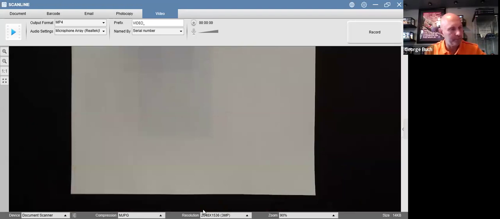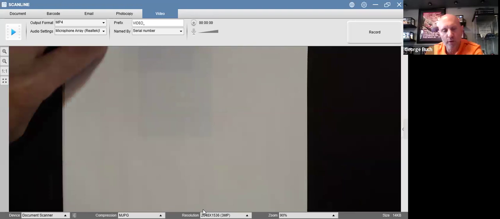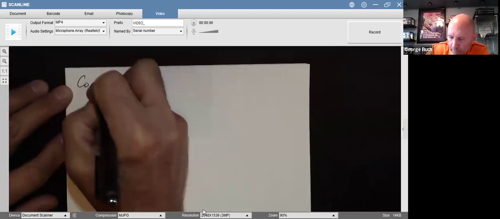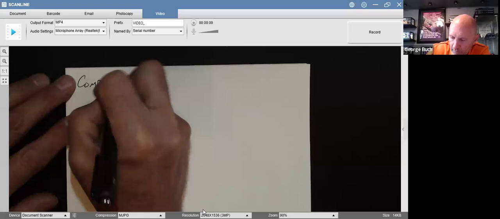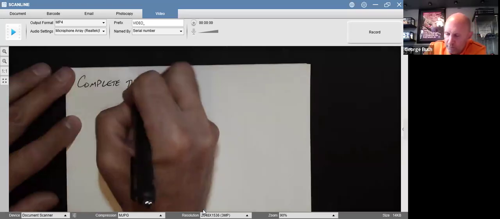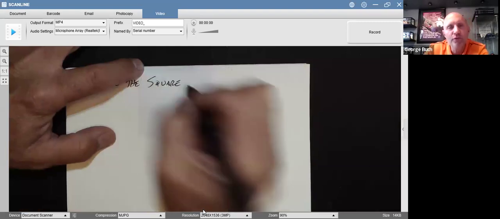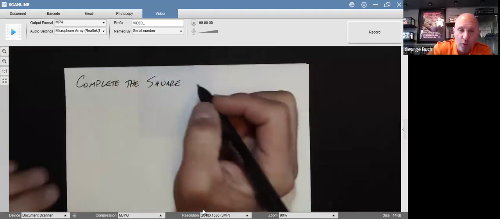Next, we have this technique known as completing the square. Honestly, I probably would not use this method to solve a quadratic.